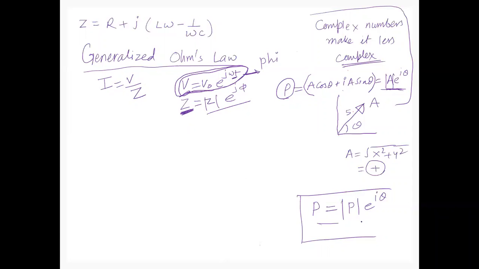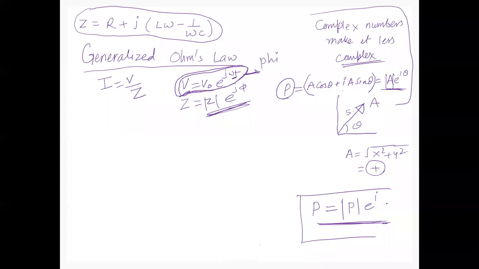Since I can write any complex number in this form, and my Z is also a complex number, I can write Z as absolute value of Z e to the j phi. Instead of theta, I chose phi. I could have chosen theta, that's fine too. Did I answer your question? Yeah, that helped. Thank you.